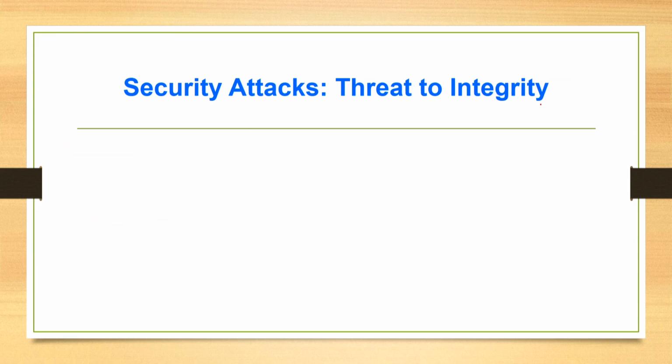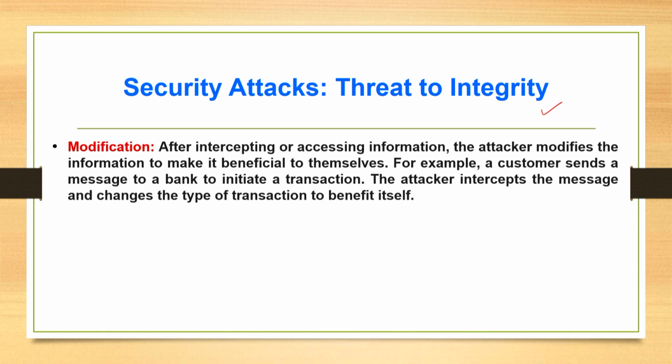Security attacks: in the case of integrity, what are the threats to integrity? This is the modification. After intercepting or accessing information, the attackers might modify the information to make it beneficial for them.